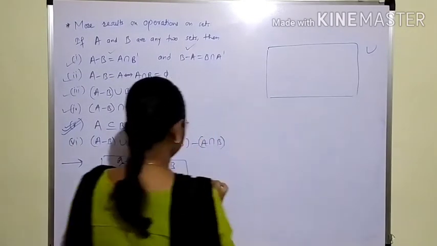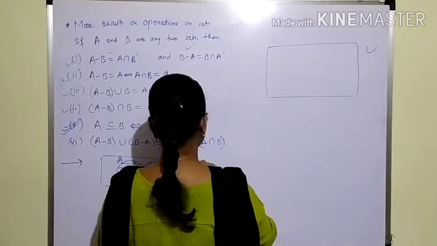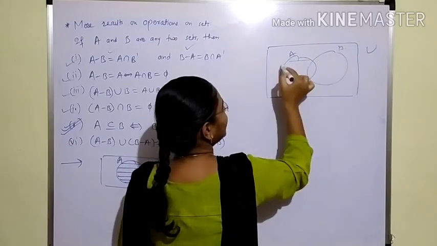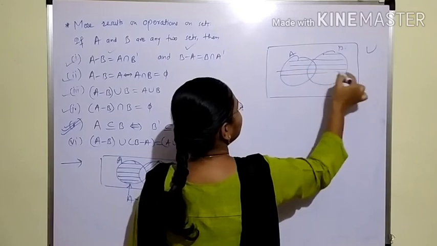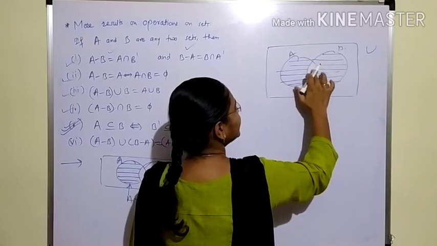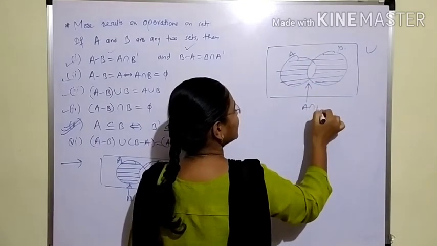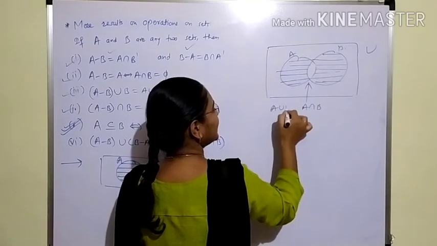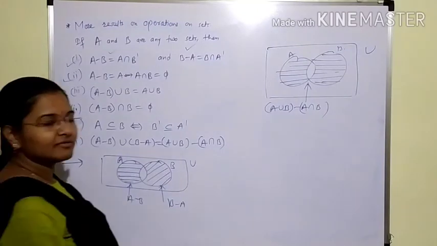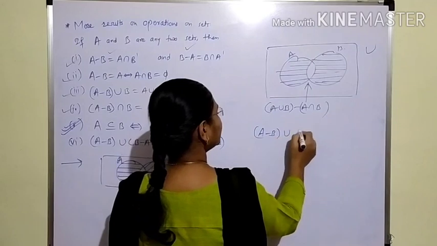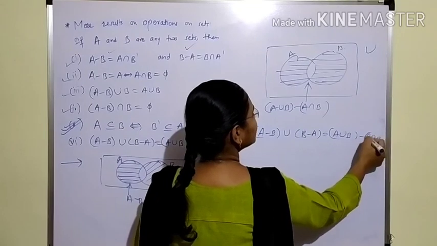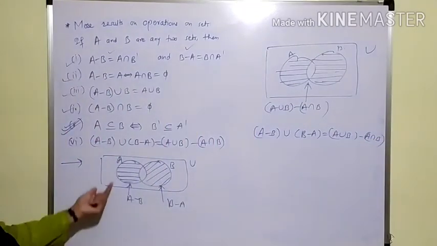If this is your universal set, with set A and set B, and we have A union B, and from A union B we have subtracted A intersection B, then this shaded part is nothing but A union B minus A intersection B. So from both the Venn diagrams you can easily observe that A minus B union with B minus A is equal to A union B minus A intersection B. Getting? So we have these results.